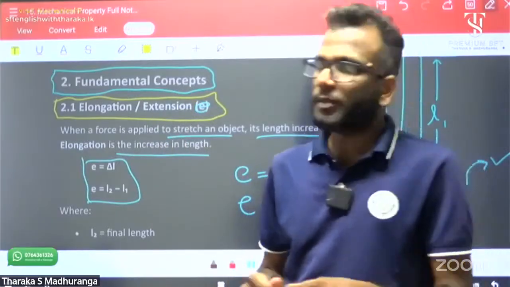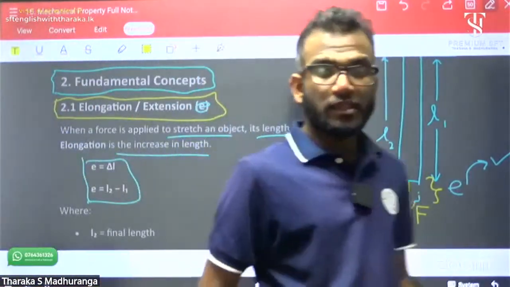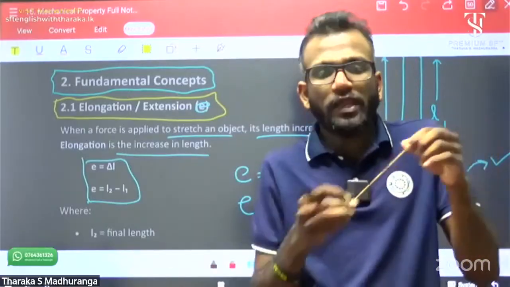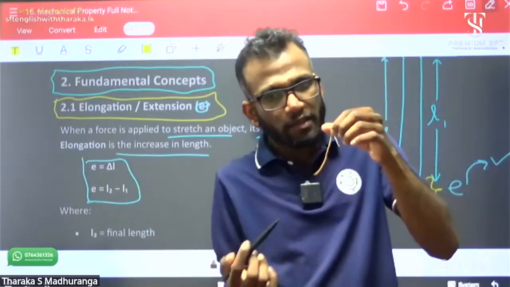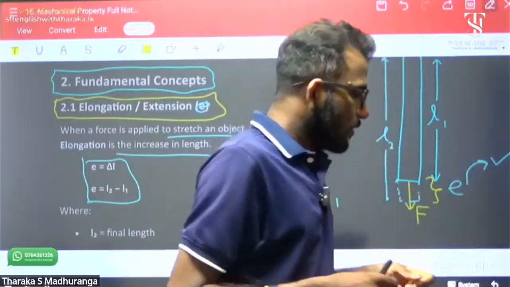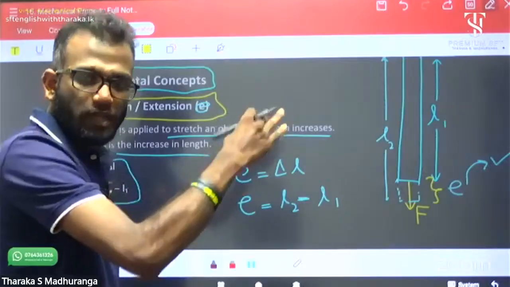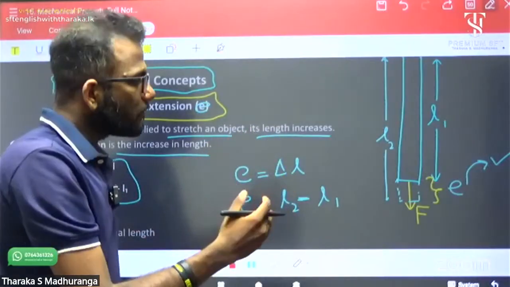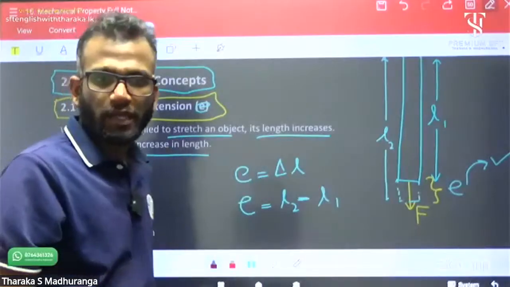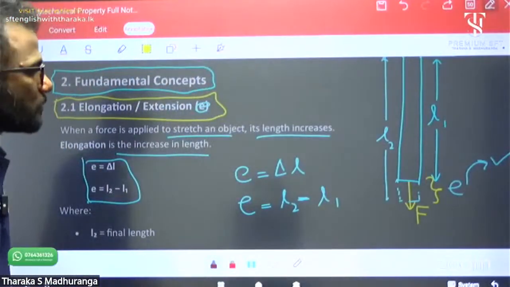Now, what's the meaning of elongation or extension? The length change is not only increasing, it can be increasing or decreasing. Sometimes if we apply a compressive force, it decreases. So you can modify this definition: the increasing or decreasing length when we apply a tensile or compressive force on any elastic object.